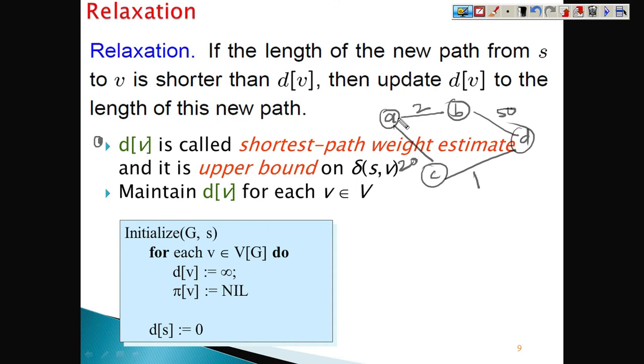You will be moving from A to B. Our objective is to move to D. In the shortest path algorithm, we keep exploring all the possible ways. When you are here and have the option to move to B and to C, you compare which one is minimum. You may decide this is minimum, so you go to B, and you set d of B equal to 2. That means the cost of moving here is 2.